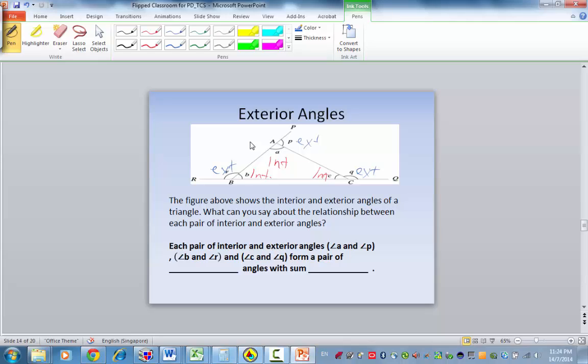Each exterior and interior will form a pair of supplementary angles, with a sum of 180 degrees.